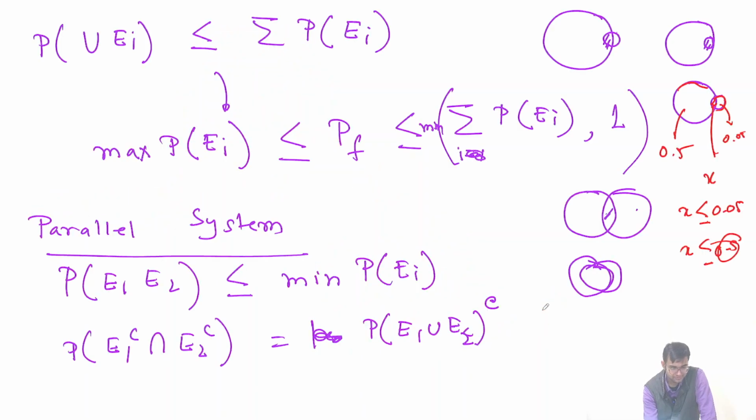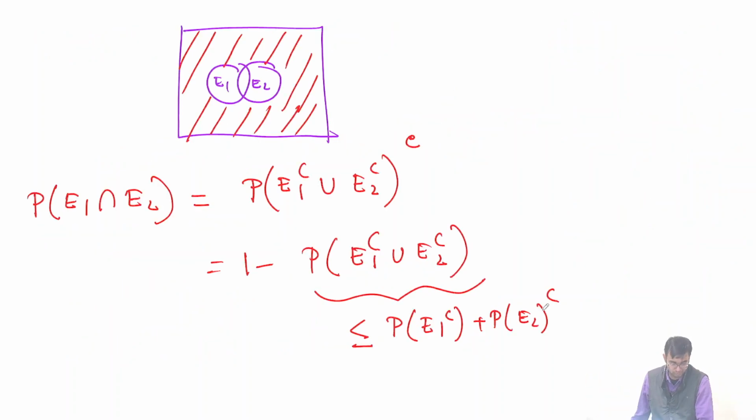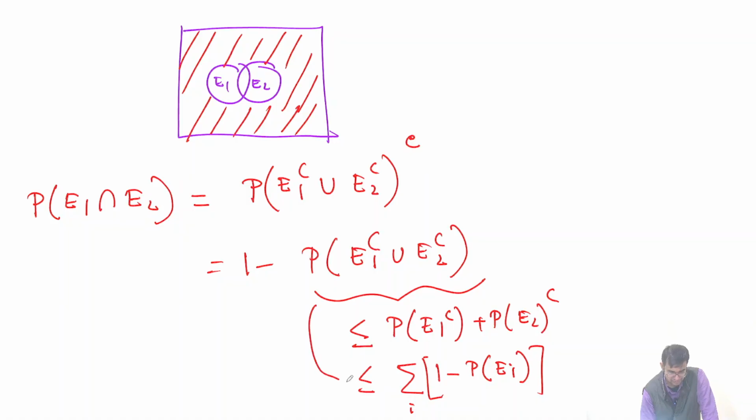We did this here, the top one, right? Which is less than or equal to, if I have to generalize it, the summation of 1 minus the probability of Ei, sum over i. This is only for this portion, by the way. Remember, this is only for this portion. This 1 minus is sitting outside.